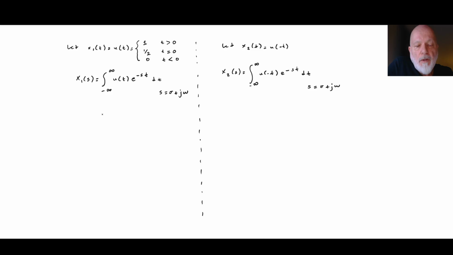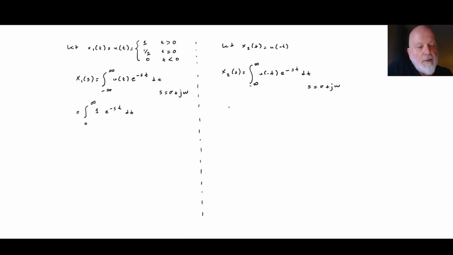So, this integral x1 of s can be written as an integral from 0 to infinity because u of t is equal to 0 for negative values of t. The value is 1 and we have e to minus st integrated with respect to t.